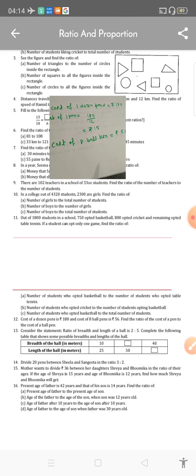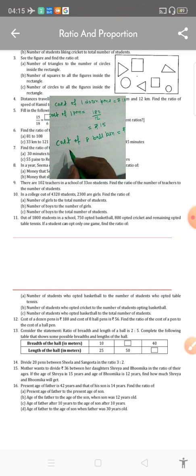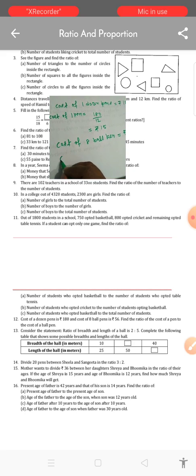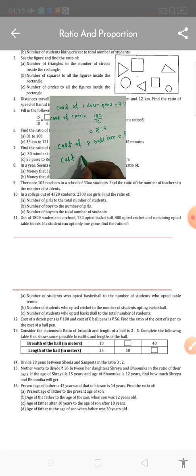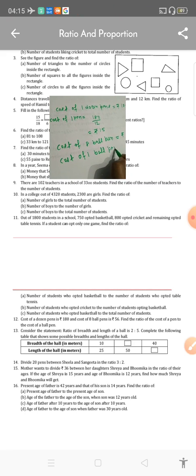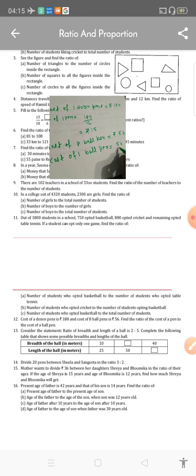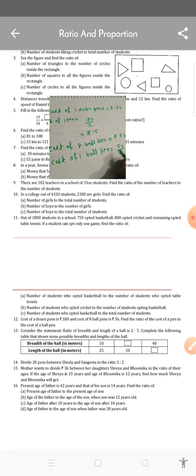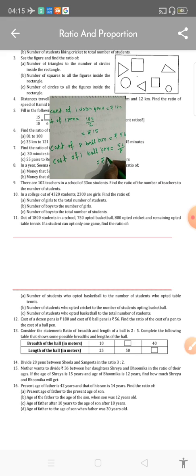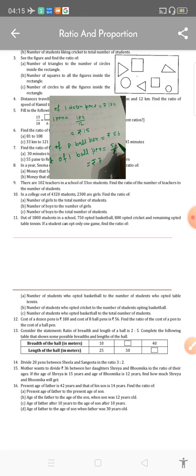Now we find the cost of 1 ball pen. The cost of 1 ball pen is equal to 56 by 8. So we obtain here the cost of 1 ball pen is equal to 7 rupees. Clear?